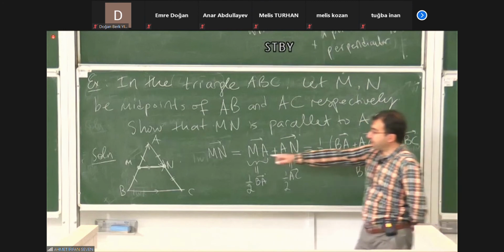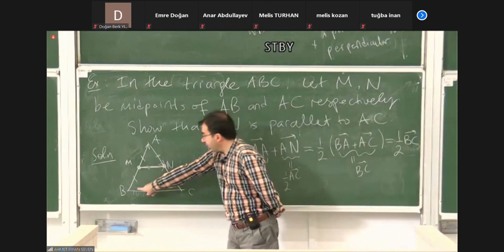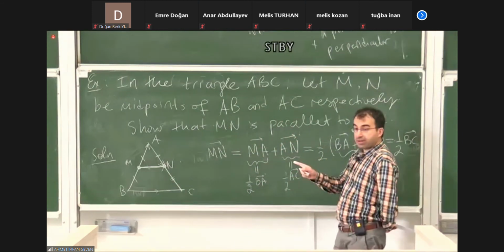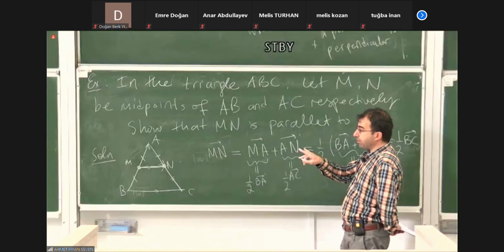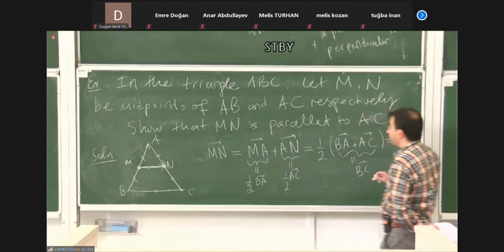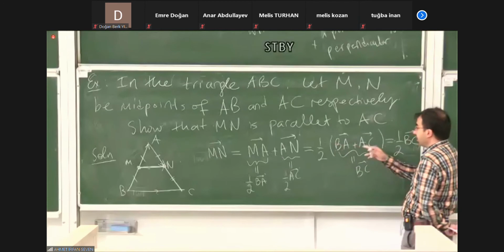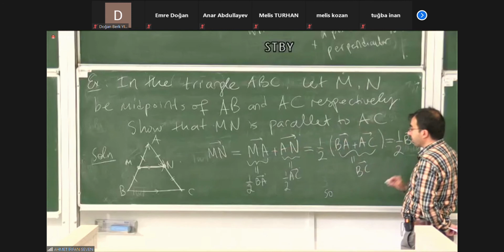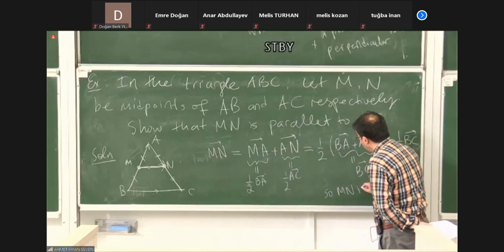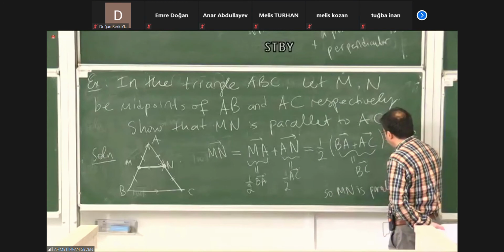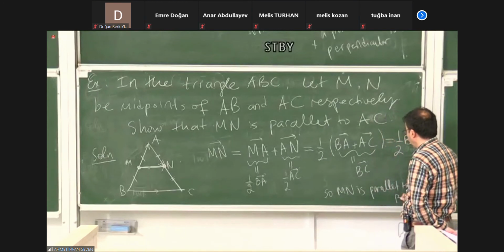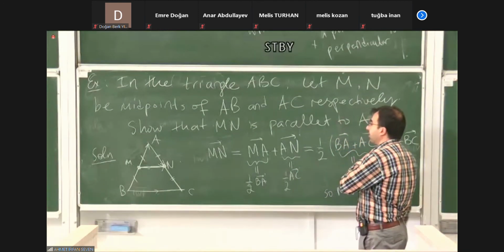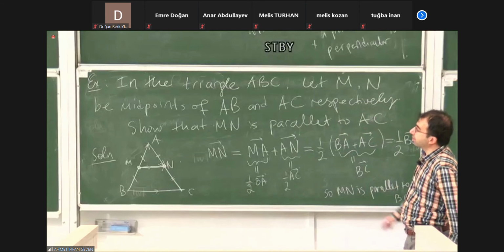So vector MN will be equal to 1 over 2 times this vector, meaning that it will have the same direction and its length will be half of the length of BC. So in particular, it is a multiple of this one. Since MN is a multiple of this one, MN is parallel to BC.